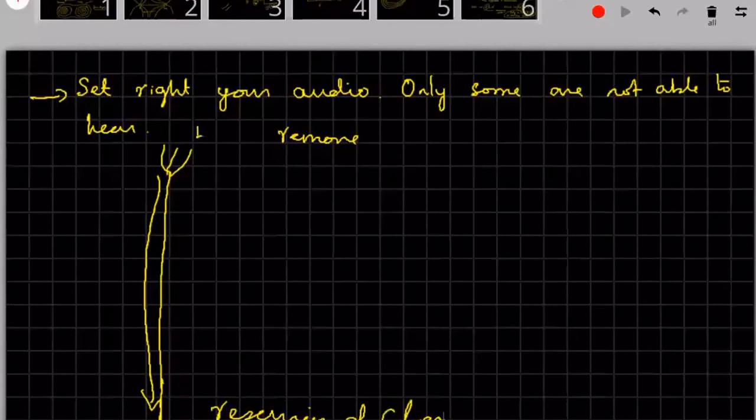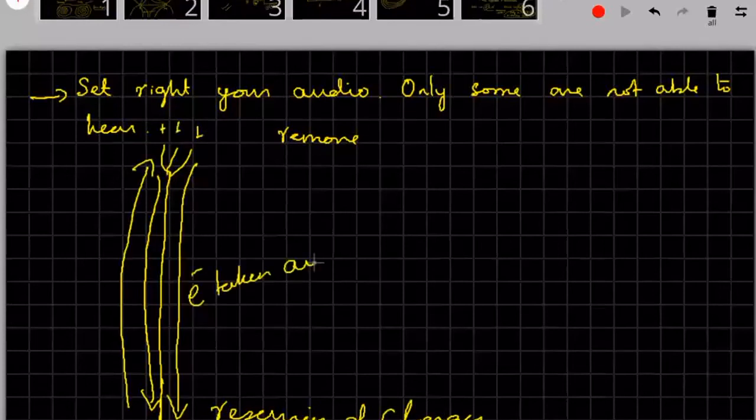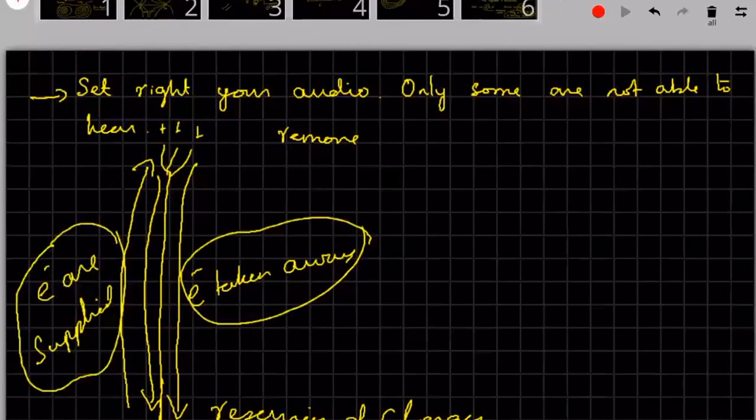If a positive cloud comes, then the earth will give electrons. So here electrons are taken away. Here electrons are supplied. So you put it inside the earth only for that. The earth is a reservoir of charges. So if the charges are quickly removed, then the building will be safe.